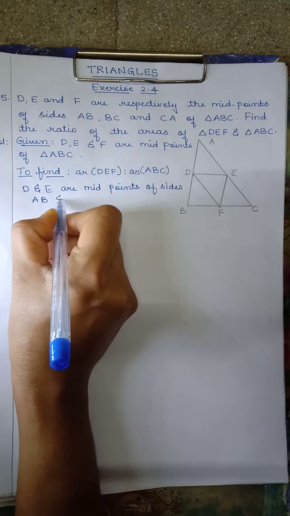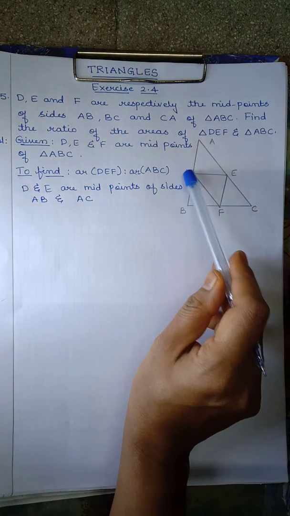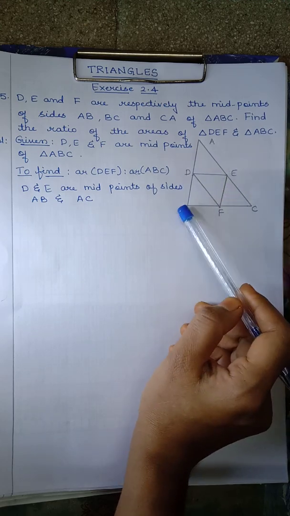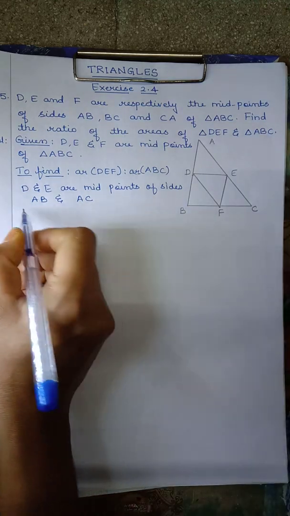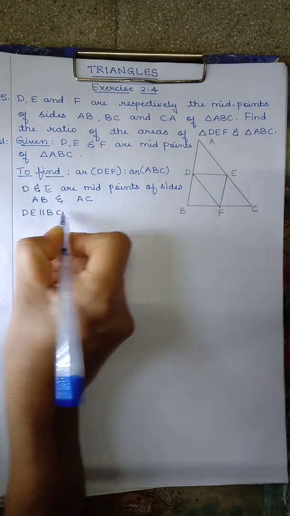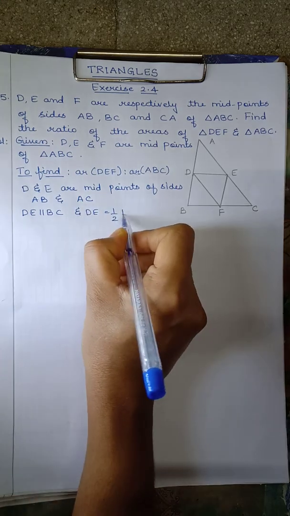According to the midpoint theorem we have learnt in 9th standard, when a line is drawn joining the midpoints of two sides, then it is parallel to the third side and half of the third side. So we can write DE is parallel to BC and DE is equal to half of BC.